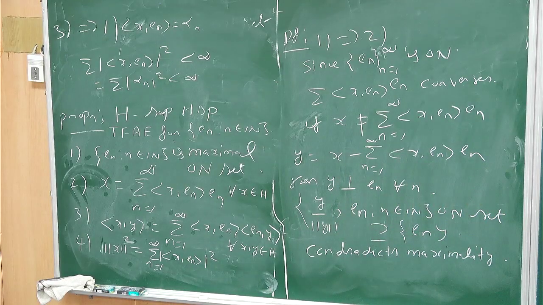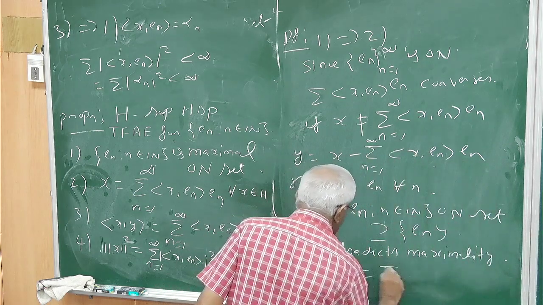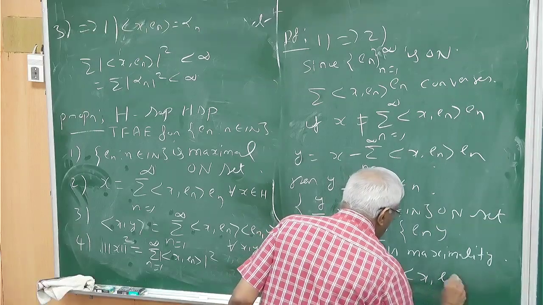We have assumed it is a maximal orthonormal set, so this cannot happen. So x is equal to the summation of <x, e_n> e_n.